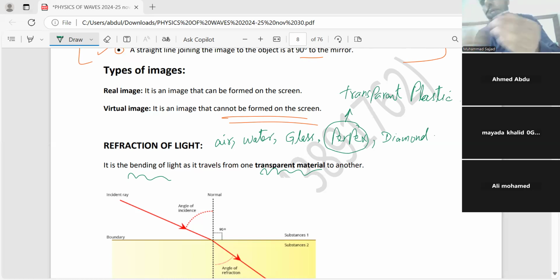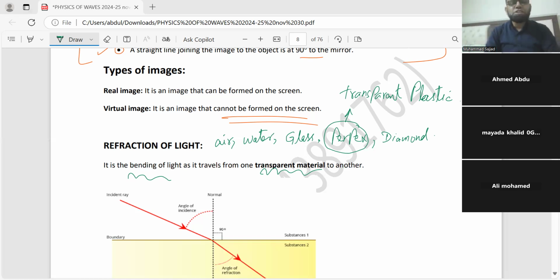No problem, I am not scared to throw it. It has gone down, I know it will not be broken. Why? It is perspex, transparent plastic. So the benefit is it does not break, it is not heavy, and also not that expensive. No scratches. Most of the vision glasses nowadays are made of perspex. So that is also a transparent material because I can look through it.